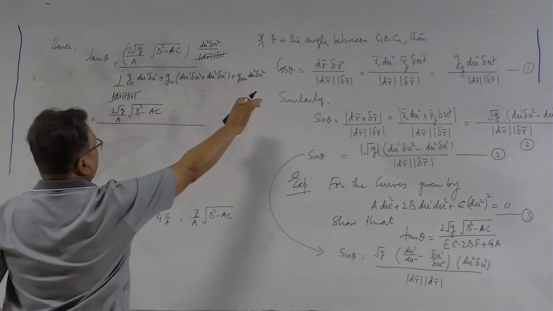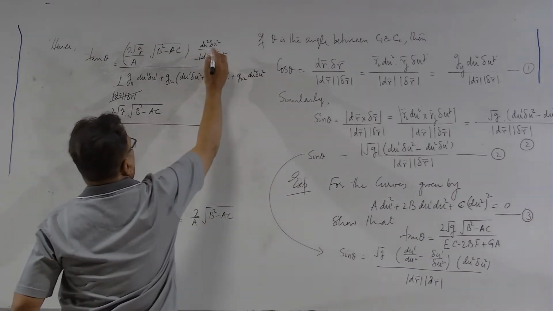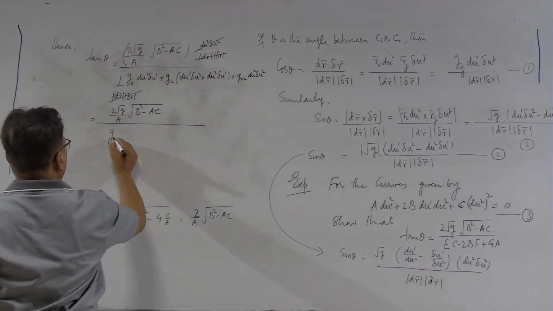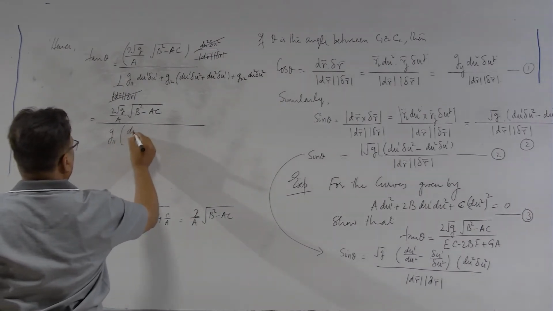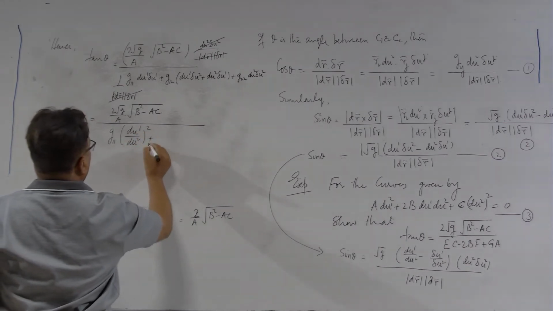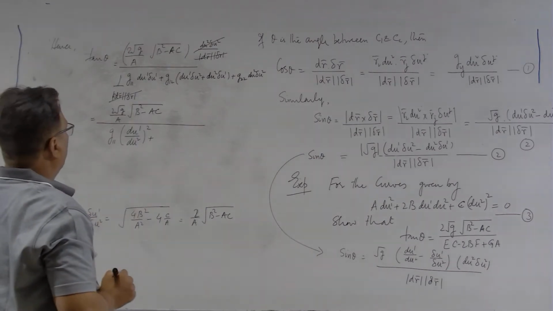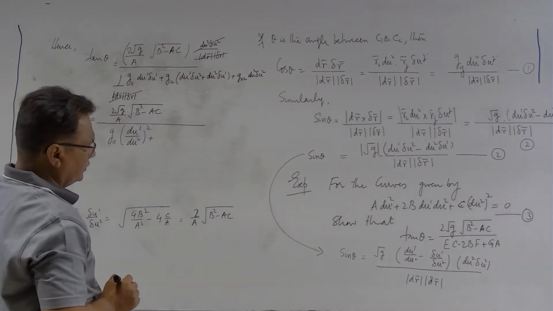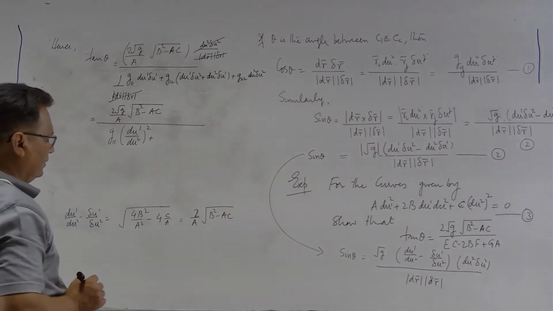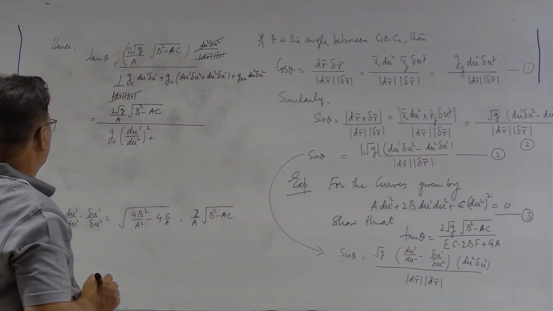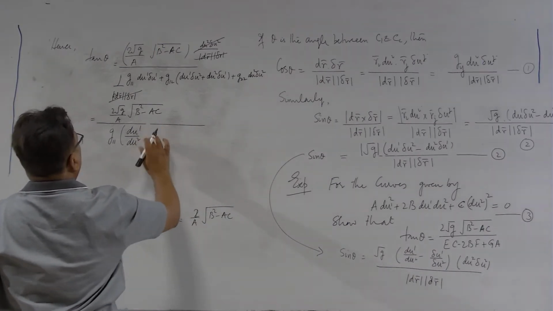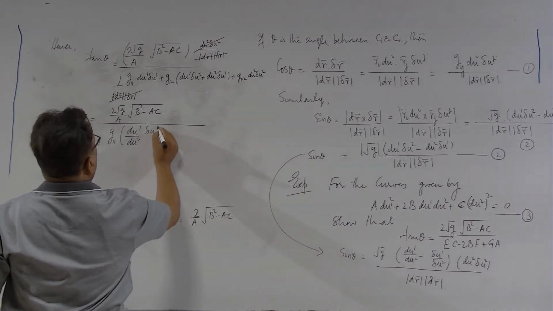So, I need to multiply also, and when you multiply, this term will also get cancelled, and you will be having only g11 into du1 upon du2 square, plus I am multiplying and dividing by du2 square, into del u1 upon del u2.